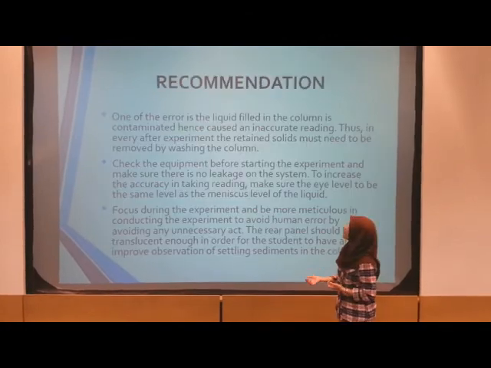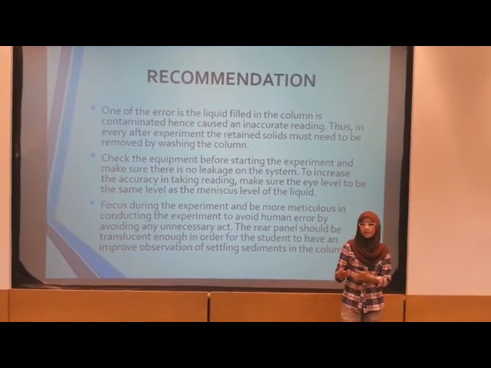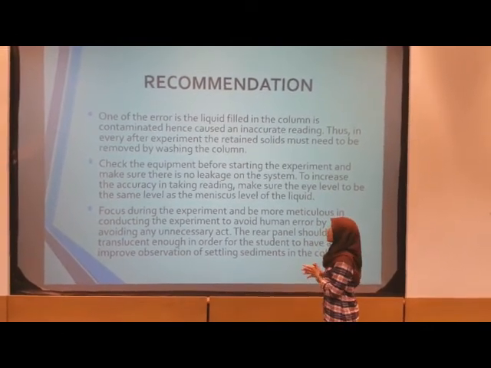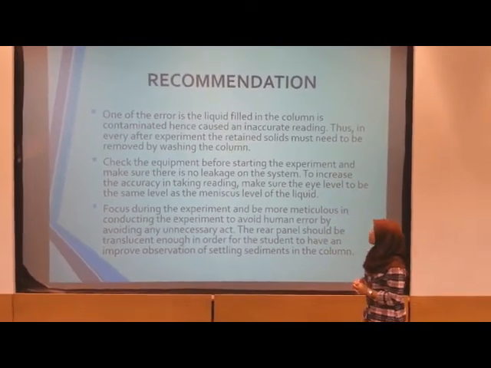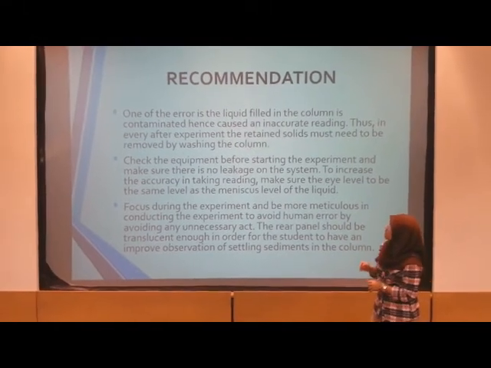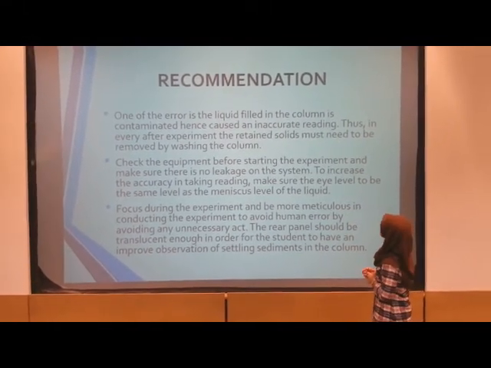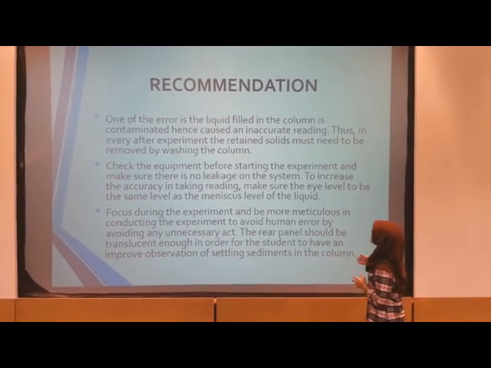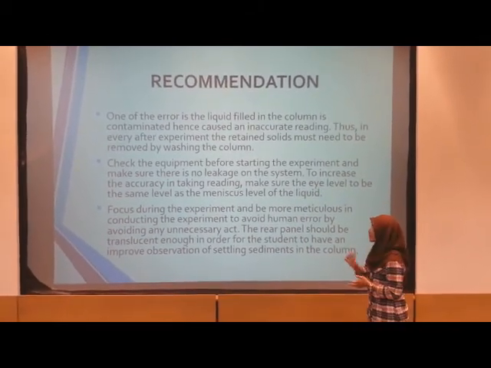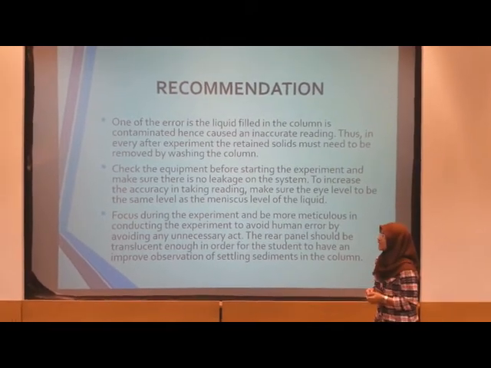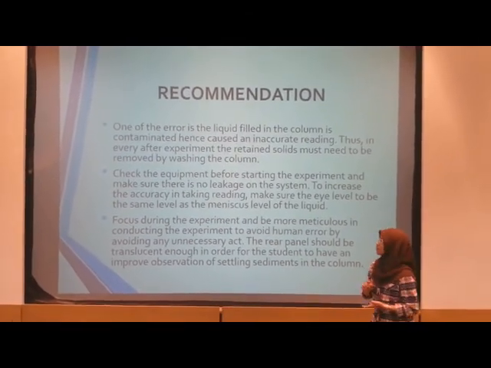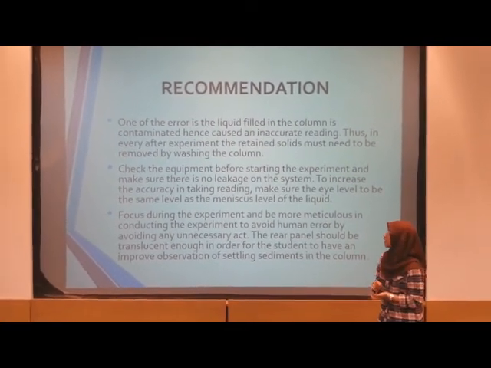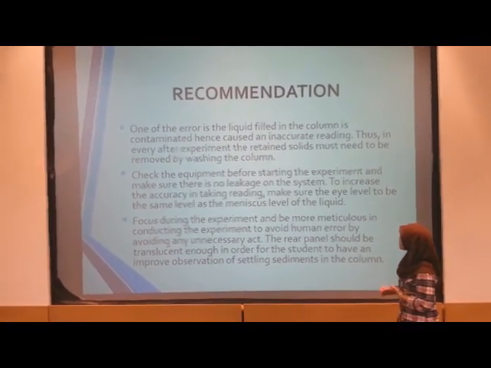Next. How do we overcome these errors so that we can get more accurate results? First, the column can be contaminated, which causes inaccurate readings. Thus, after every experiment, the solid must be removed by washing the column. Next, we need to check the equipment before starting the experiment and make sure there is no leakage in the system.